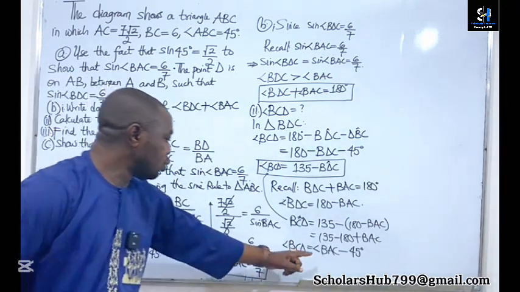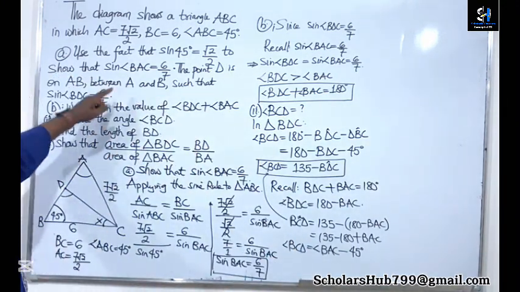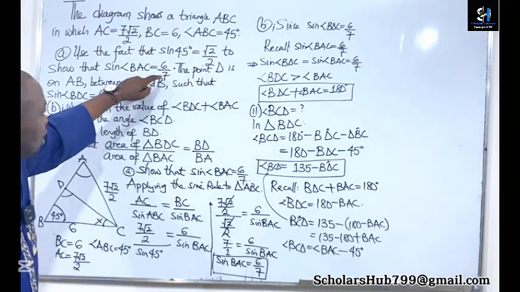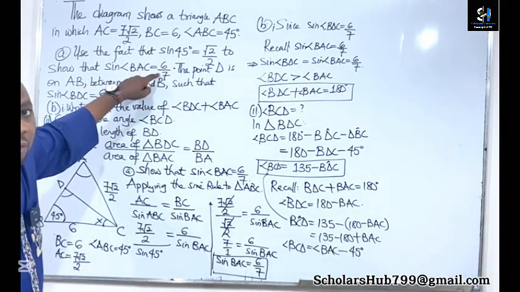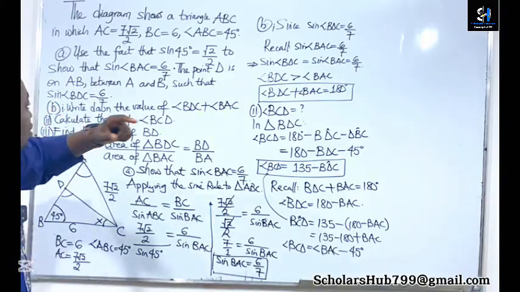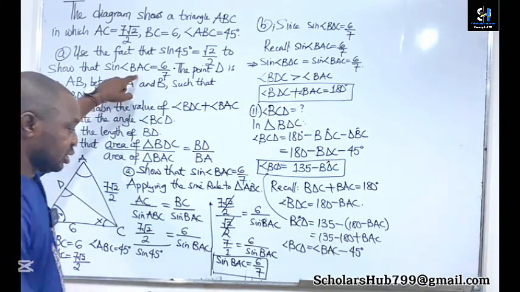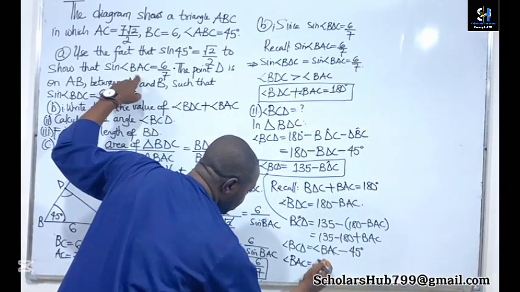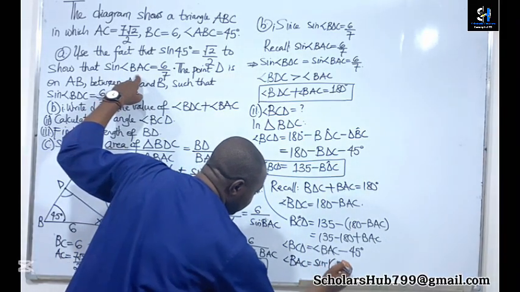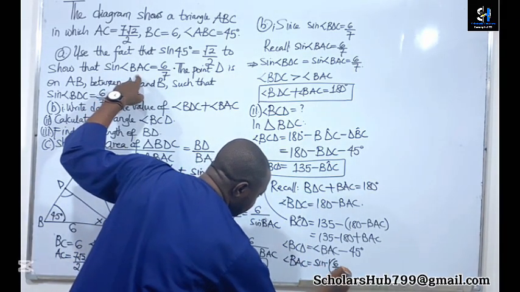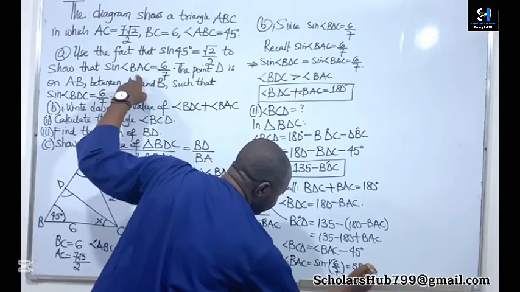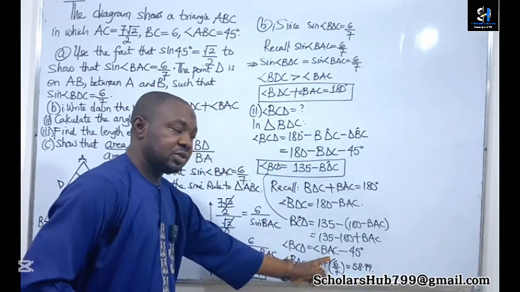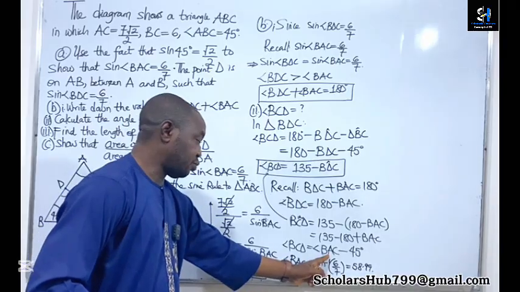Now we are given sine BAC to be 6/7. So if we take the arc sine of 6/7, that will give us the size of angle BAC. So BAC equals the inverse sine of 6/7, which is 58.99.